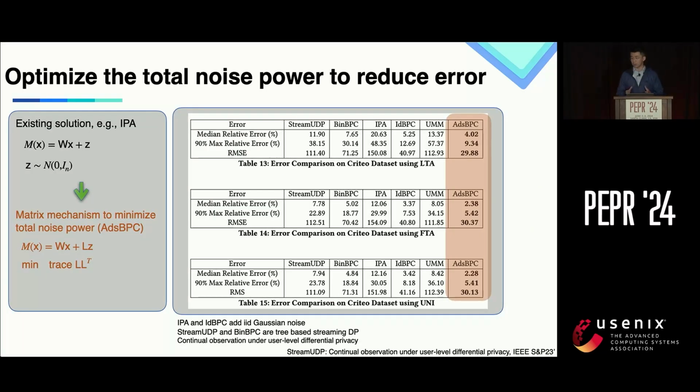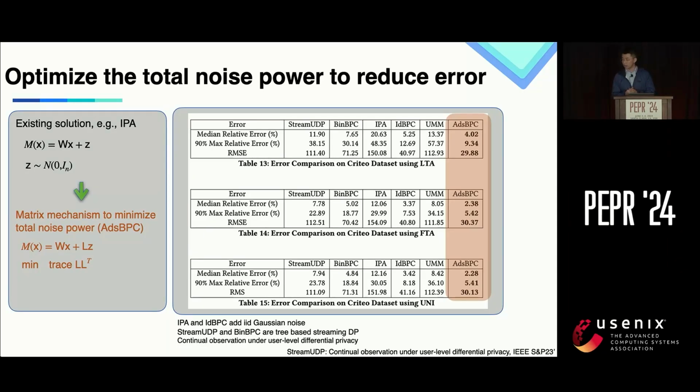Here is the regular way, which adds independent noise to each measurement result. However, as Aaron mentioned, we need to balance between privacy and utility, so we need to further optimize the solution. We propose a solution based on the matrix mechanism, where the idea is to minimize the total noise during the whole period of the ICE campaign.